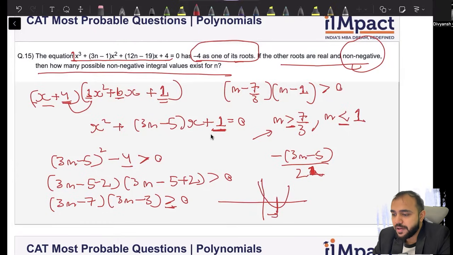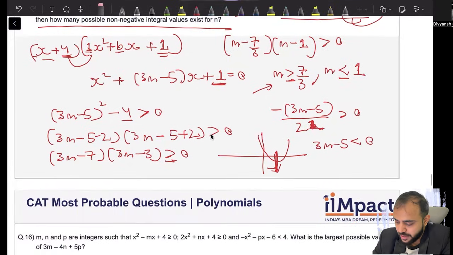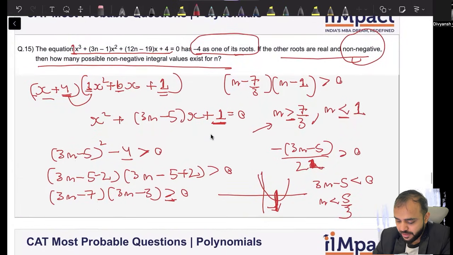The product of the roots being positive already means that both roots have the same sign, either positive or negative, which means I only need to ensure that minus b by 2a is greater than 0, which means 3n minus 5 is less than 0, or n is less than 5 by 3.